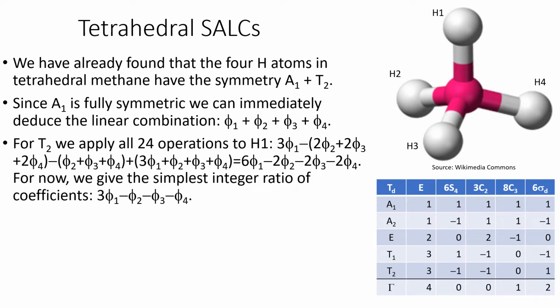And so if you can imagine an S4 axis bisecting H1 and H2, if we rotate that 90 degrees and then reflect that in a perpendicular plane, depending on whether you go clockwise or anti-clockwise, it's going to go into H3 or H4. So H3 and H4, let's say phi 3 and phi 4, are 2 possible outcomes.